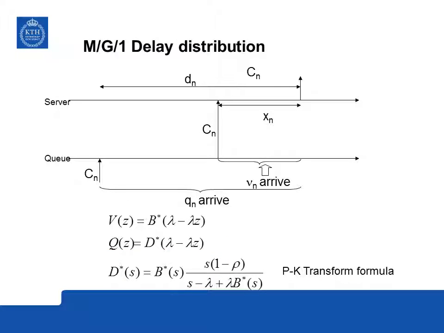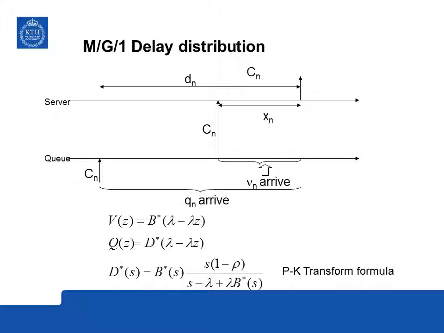So now we can use this expression to get to the delay. We make the following observation. We know that nu of n is the number of customers that arrive during the service time of customer n. And we have the expression for the z transform V of z of this random variable as B star of lambda minus lambda z.